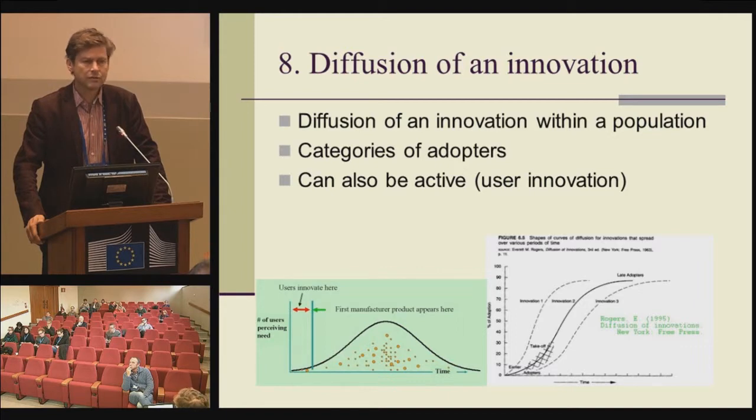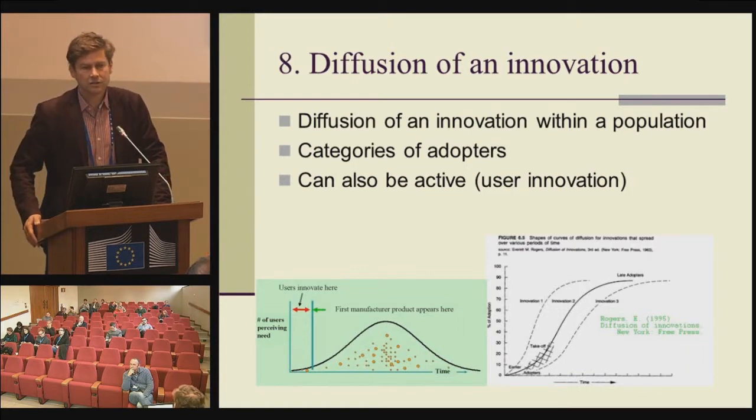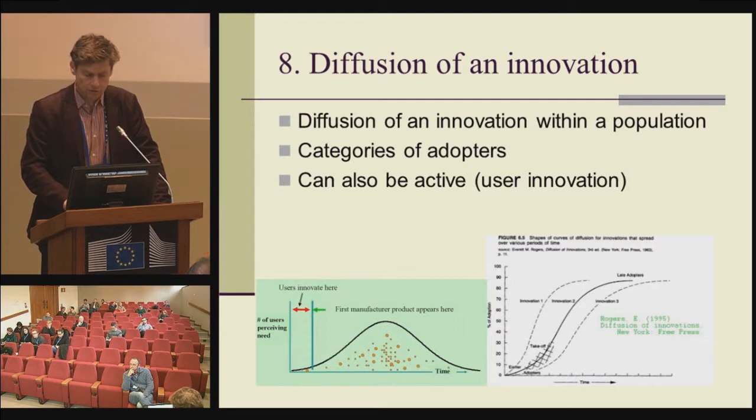They focus then on different types of adopters, so the early adopters and the latecomers. And there will be some focus on how users will also change the innovation. So there's quite some emphasis these days on user innovation and the creative role of users, not just passive in terms of adopting, buying, but also changing that.